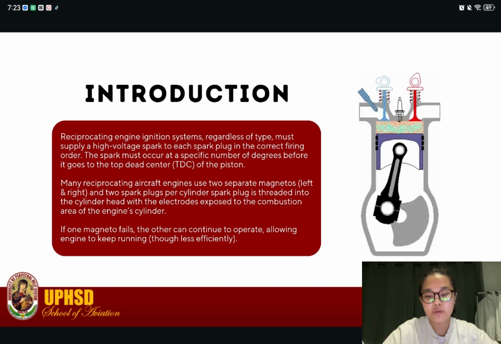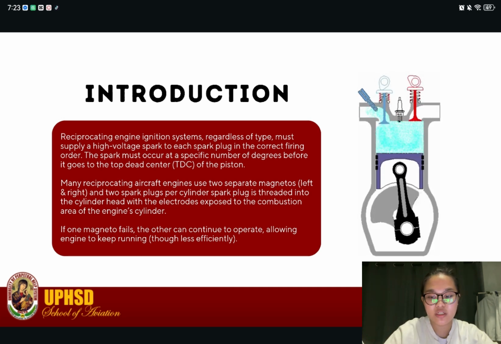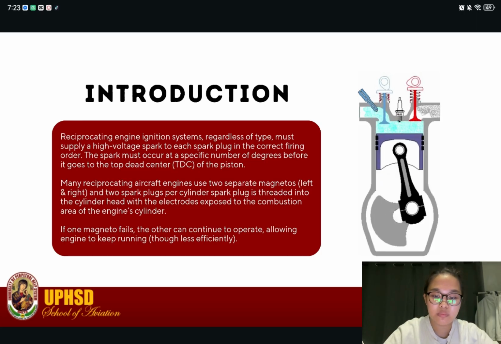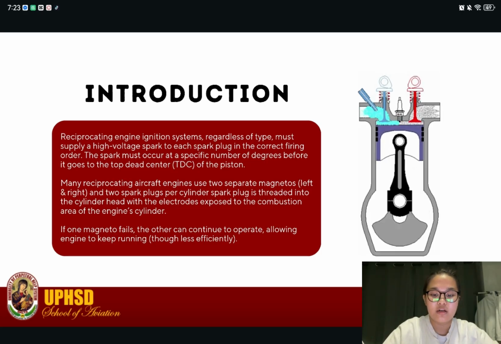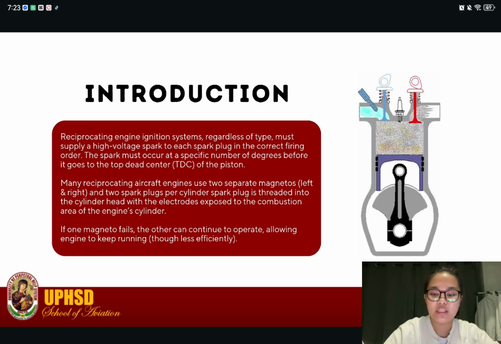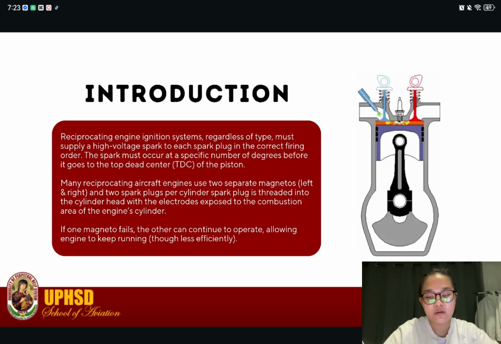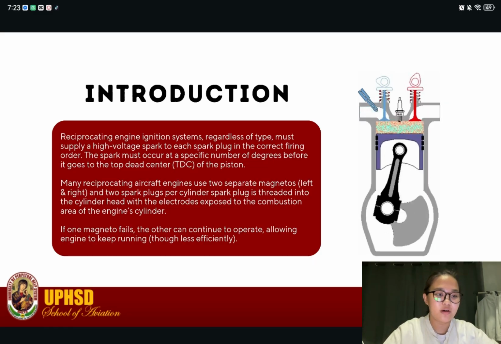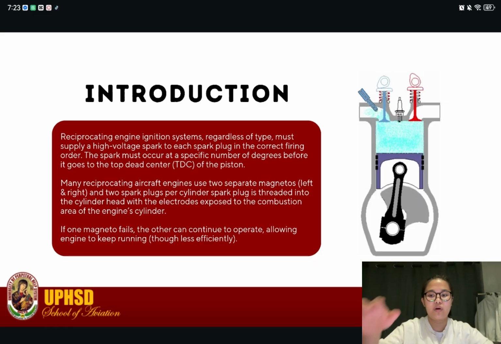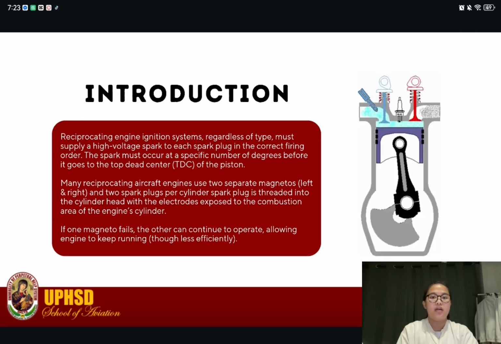Many reciprocating engines use two separate magnetos, left and right, and two spark plugs per cylinder. The spark plugs are threaded into the cylinder head with the electrodes exposed to the combustion area of the engine cylinder. So, why does the reciprocating engine use two spark plugs?